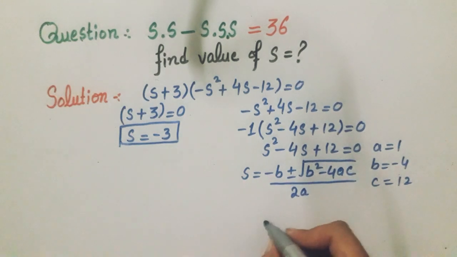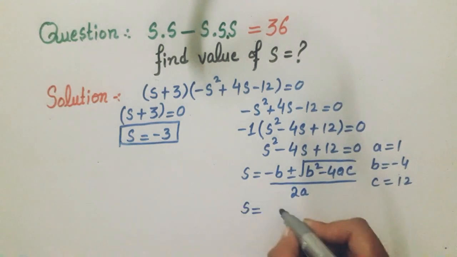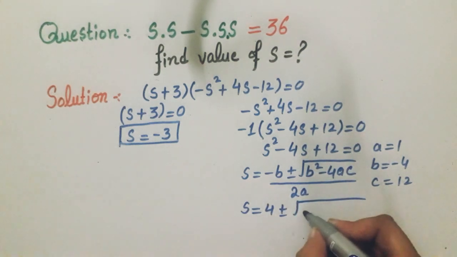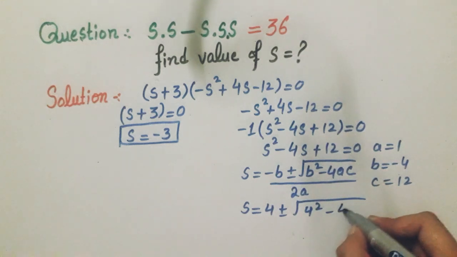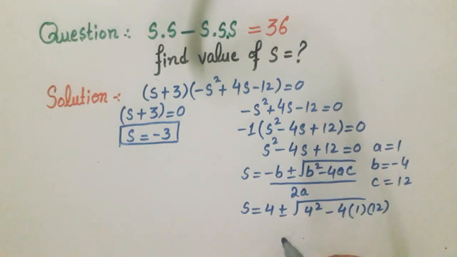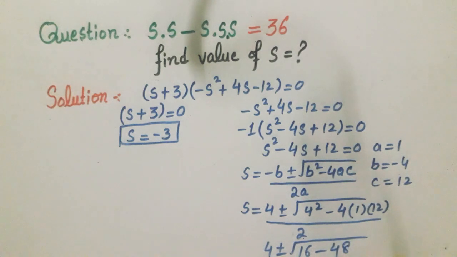So this becomes s equals minus b, means 4, plus minus the square root of 4 squared minus 4 into a, which is 1, and c is 12, divided by 2 of a. So we get 4 plus minus the square root of 16 minus 48, divided by 2.